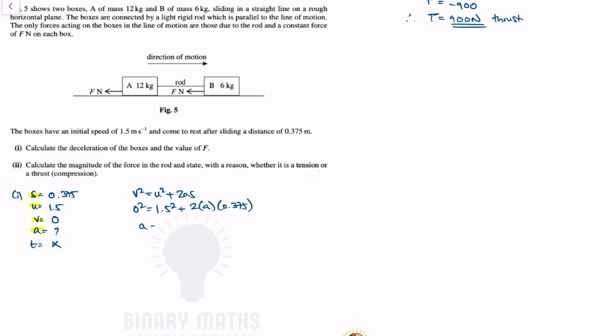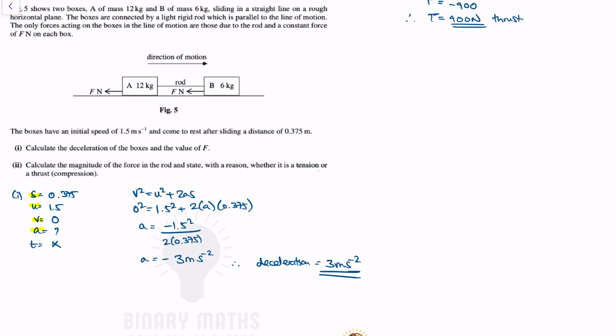If I rearrange, a is equal to negative 1.5 squared divided by 2 times 0.375, which means a is equal to -3 meters per second squared. So the deceleration, because that's what they wanted us to work out, is positive 3 meters per second squared.